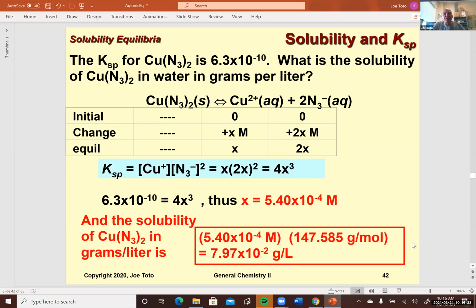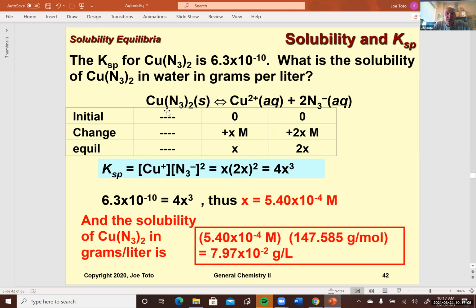All right, so things you have to worry about or watch out for dealing with Ksps in solids. One is stoichiometric coefficients are going to be more prevalent than they were in the acid bases, because oftentimes with our acids and bases, it was a one-to-one type of relationship. But in solids, you can get examples where it's not, and this is one. So where does that come into play when solving your ICE table to calculate the solubility?